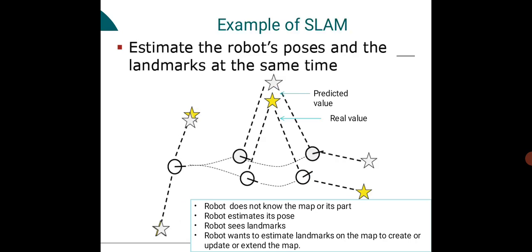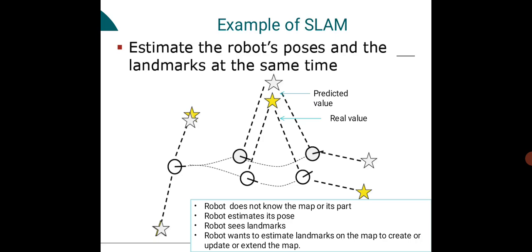An example of SLAM. Here it will estimate the robot poses as well as the landmarks at the same time. In the previous cases we have seen that it goes either for mapping or for localization. But once you go for SLAM, it will take both. So the robot does not know the map or its path, and as usual it will estimate its pose, it will see the landmarks, and estimate the landmarks on the map to create, update, or extend the map.